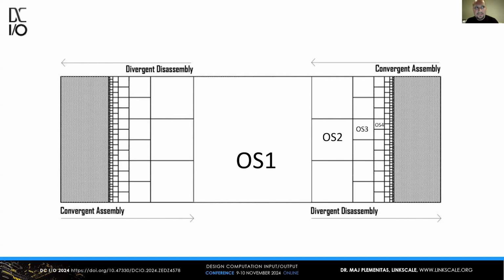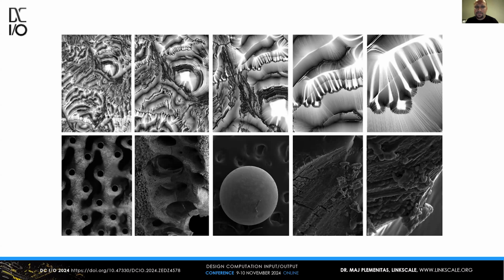There are a few concepts that are fundamental for this work. They deal with convergent assembly and divergent disassemblies. So these are some of the principles that are kind of inherent to natural systems, where smaller building blocks are starting to build larger operational entities and systems.